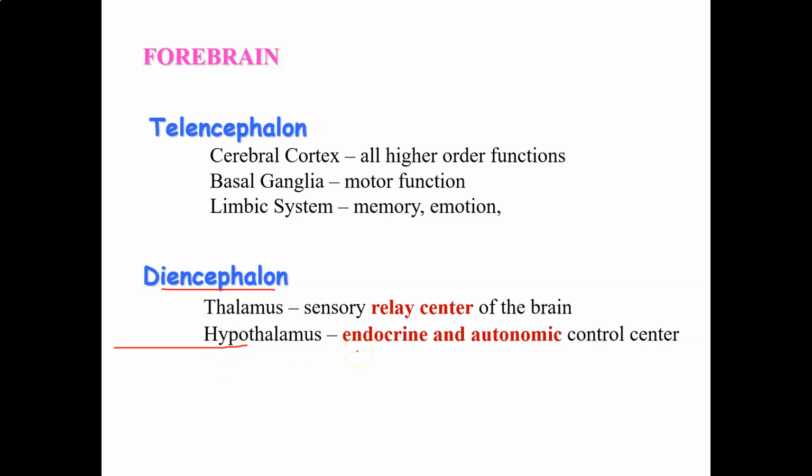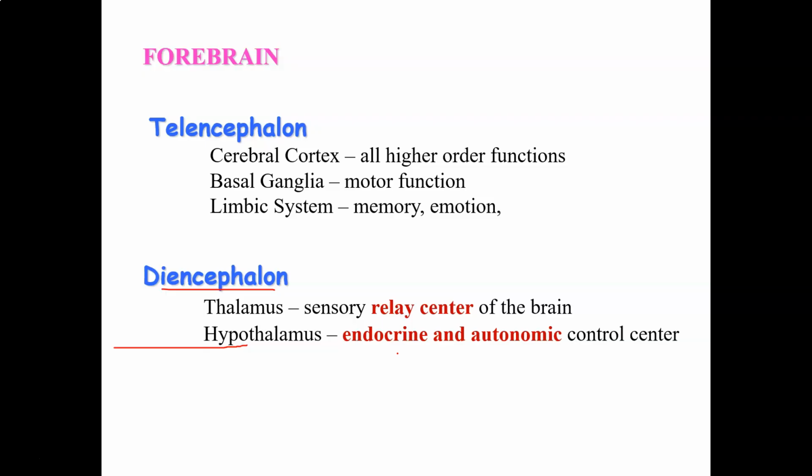The hypothalamus, which we'll also expand on, serves as the endocrine and autonomic control center. So the endocrine system involves controlling hormone release from glands all over your body. And the master coordinator of that release is the hypothalamus.